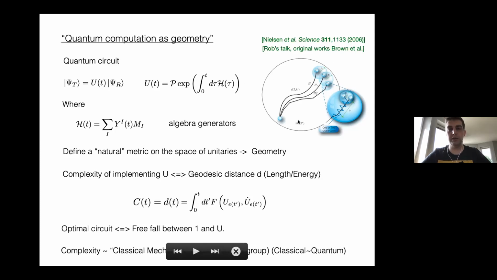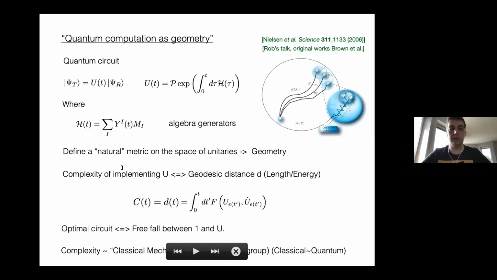So this is some space of unitaries. And on this space, we can define some natural metric. I'll talk more about that, but this is of course non-unique. But this metric gives us a notion of geometry, in the sense that in this geometric approach to complexity we're interested in computing geodesics in this Nielsen geometry.